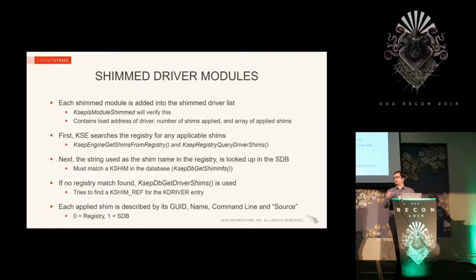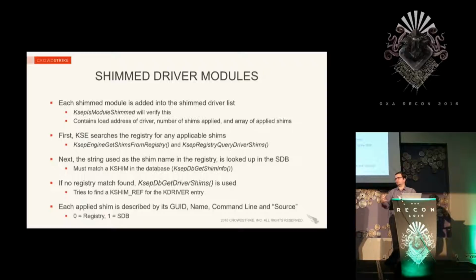A shim then has a shim descriptor called a KSHIM, which basically tells us the name of the shim, the GUID of the shim, and the module that should be providing this shim. So the driver that's actually going to be doing that. Another possibility is there's nothing in the registry, and if there's nothing in the registry, then the SDB file itself can have what are called KSHIM references, and can basically identify this driver and this driver need to be shimmed by that shim, and then the shim is defined in the SDB as well.